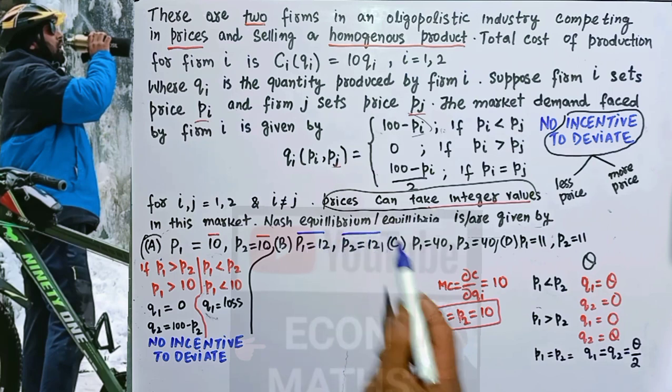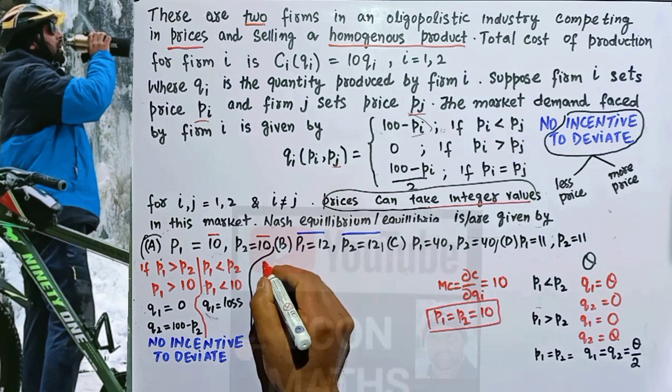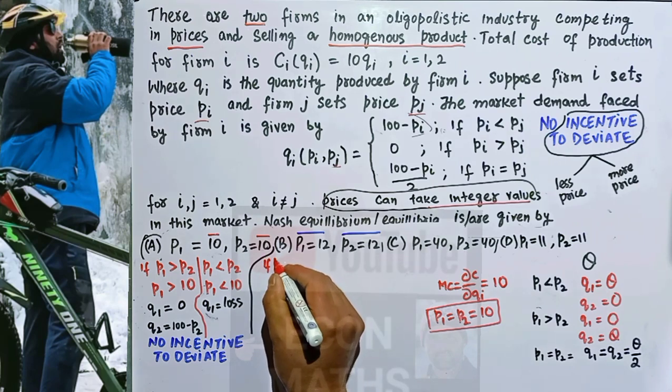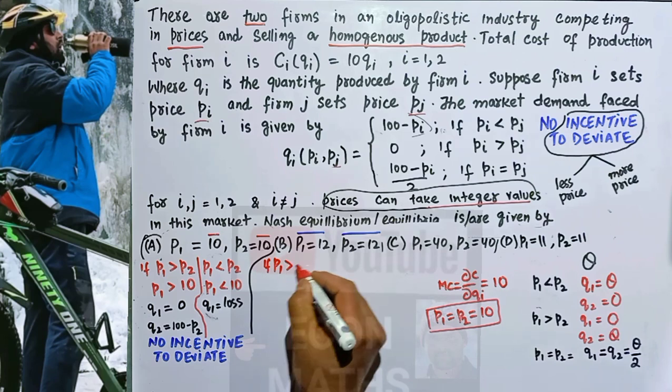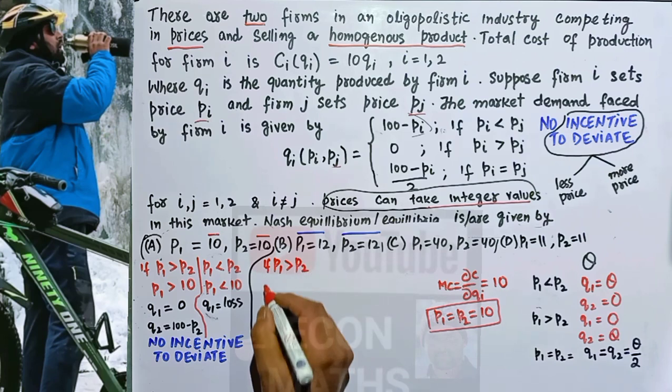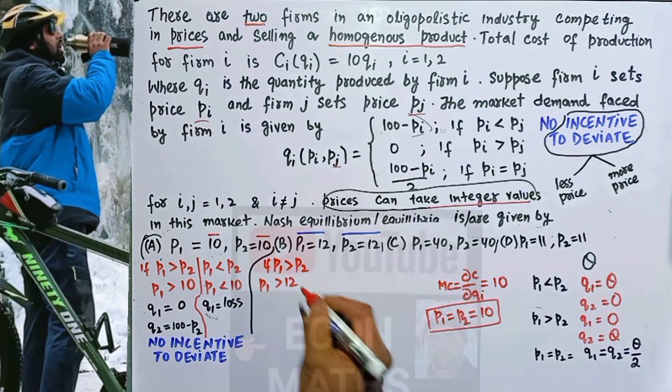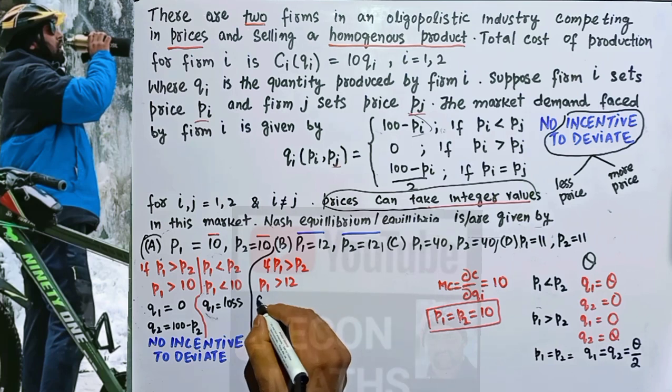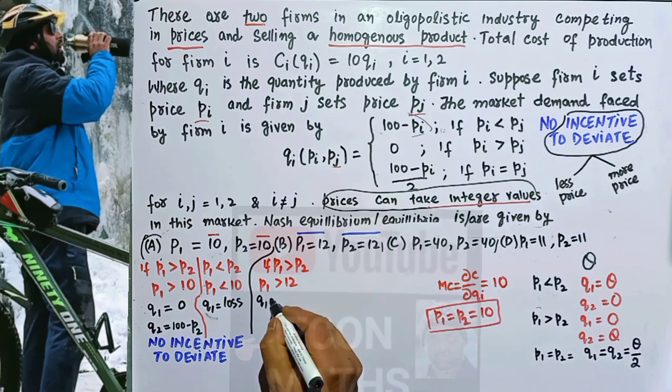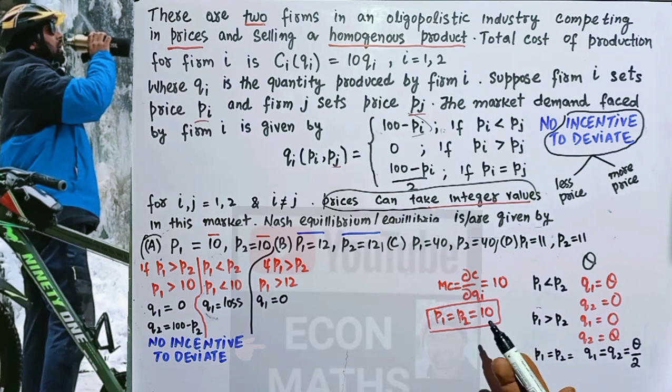This scenario, when the price charged by firm 1 is 12 and the price charged by firm 2 is also 12. Again, using the same logic, if the price charged by firm 1 is greater than the price charged by firm 2, in this case that means P1 is greater than 12, and firm 1 will get zero share of the market, because firm 1 is charging a greater price than firm 2.